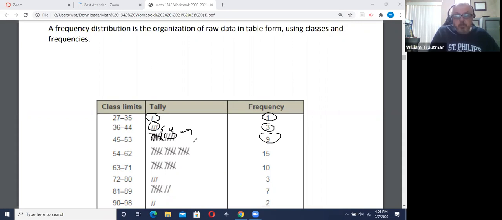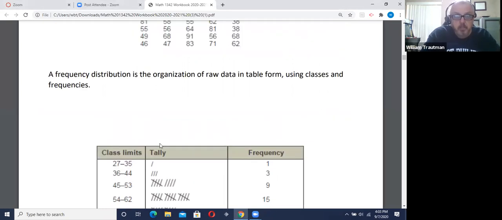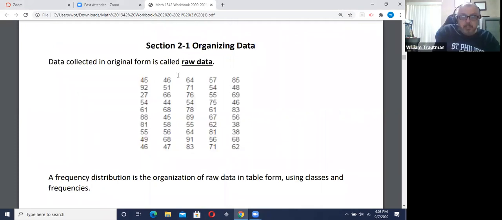If we go back to the top, let's find that one piece of data that fits between 27 and 35. That one right there.